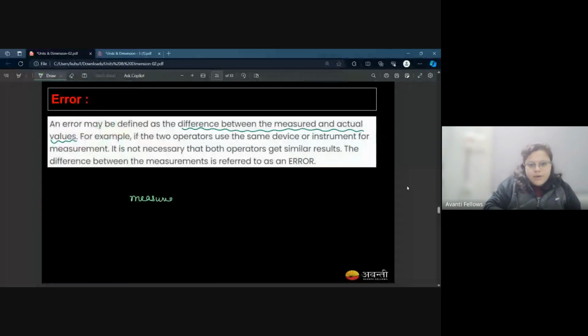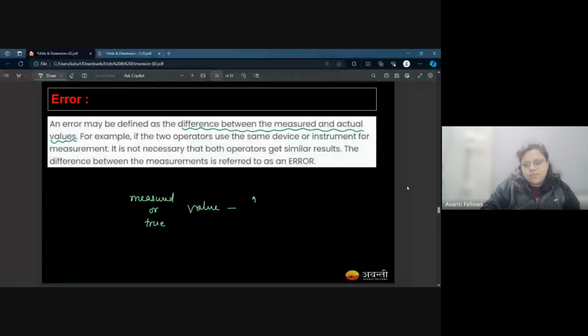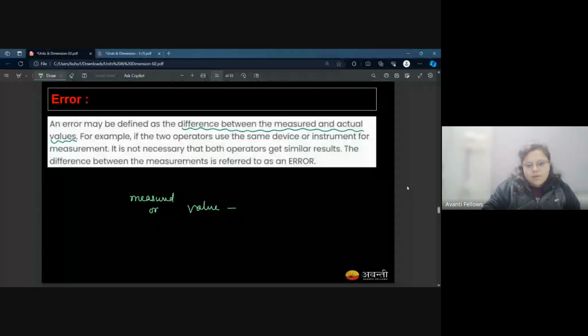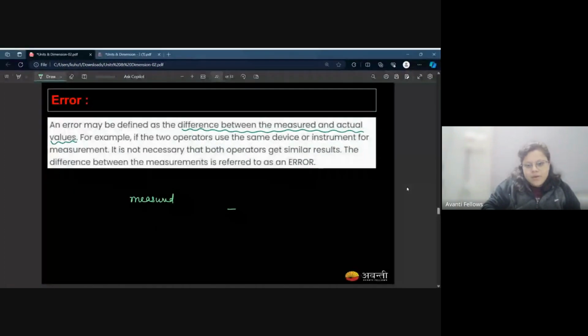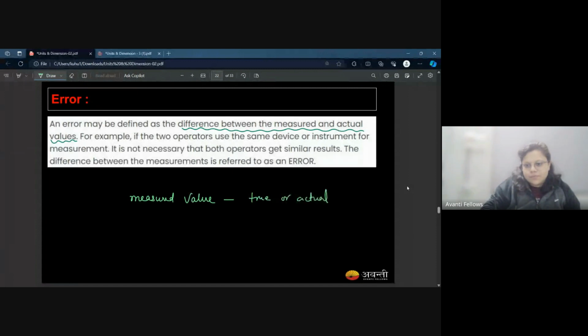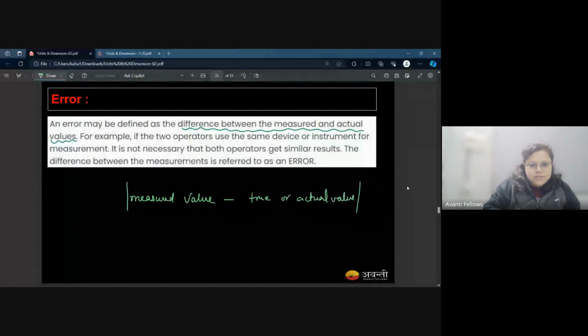Measured value, and find the difference of it from the true or actual value, right? This is the error.